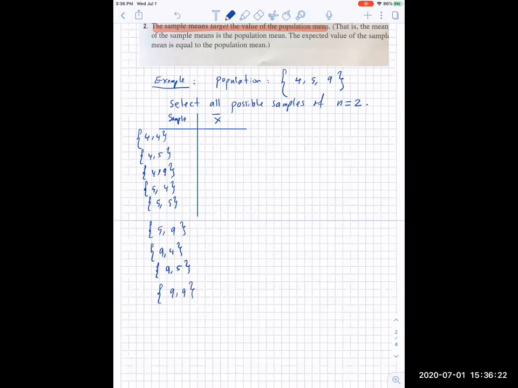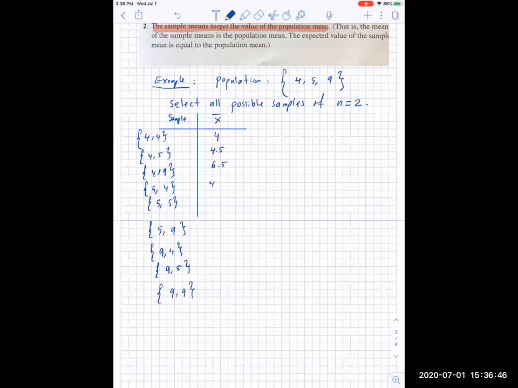Now, let's go ahead and find the sample means for each sample. 4 and 4, 4 plus 4 divided by 2 will give us 4. This first sample mean is 4. Second one is 4.5. 4 plus 9, 13, divided by 2, 6.5.